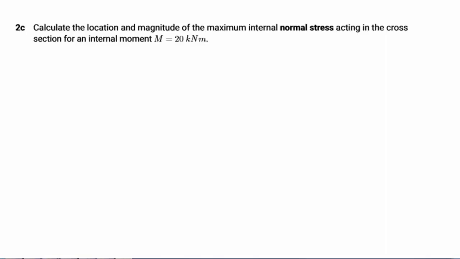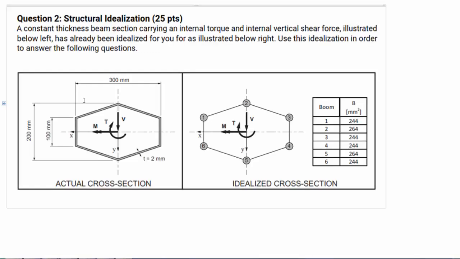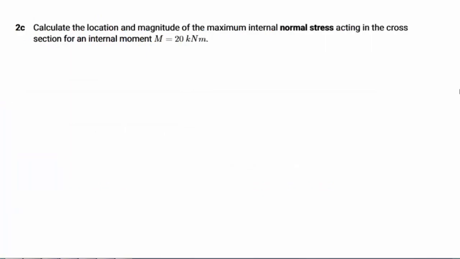In question 2c, we are asked to calculate the location and the magnitude of the maximum internal normal stress. Now, we are going to go back and take a look at the initial cross-section. Note that this cross-section is fully symmetric, so we can use the symmetrical bending formula, and that M creates a tension in the positive xy quadrant, therefore we can use it as a positive sign.